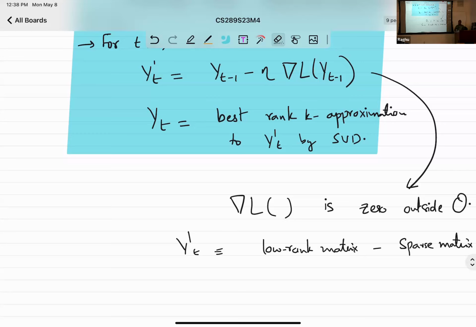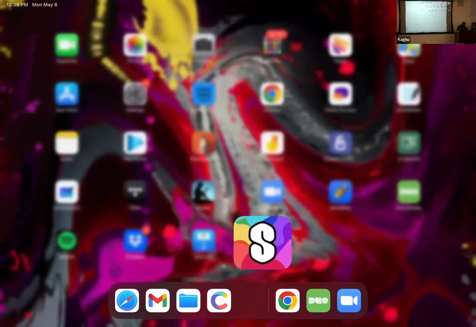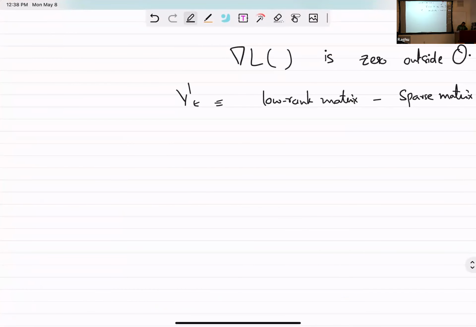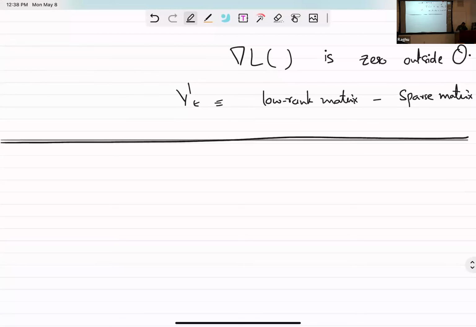Any questions about this? This is just to tell you that you can put all of these things together, gradient descent and SVD, and they work well if they need to.